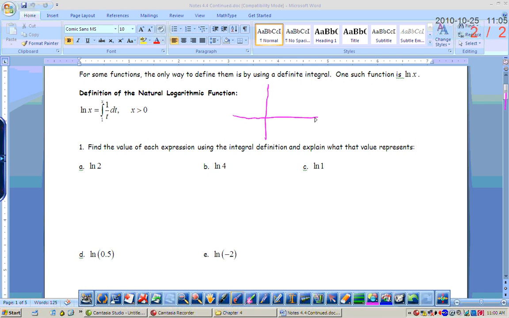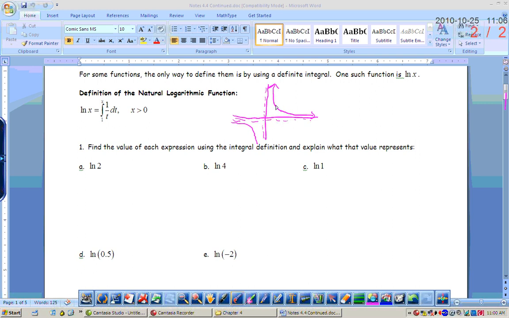What does the graph of 1 over t or 1 over x look like? Okay, y'all are kind of doing it. We have asymptotes on both axes, and then the graph looks something like this. Technically, you have another part of the curve down here, except for this particular problem, x has to be greater than 0.